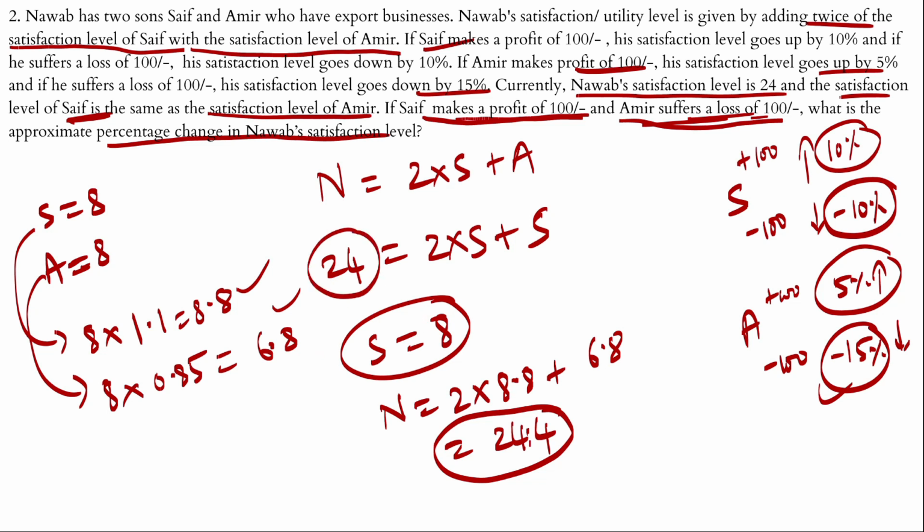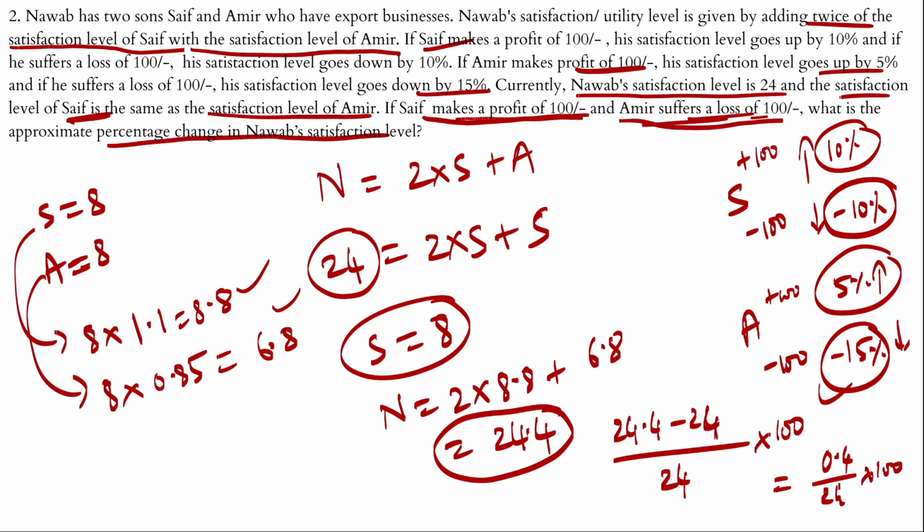Now it's 24.4. So the percentage change is 24.4 minus 24 by the initial value, which is 24, into 100. So this will be equal to 0.4 by 24 into 100. So the final answer is approximately 1.66 or 1.67 percent.